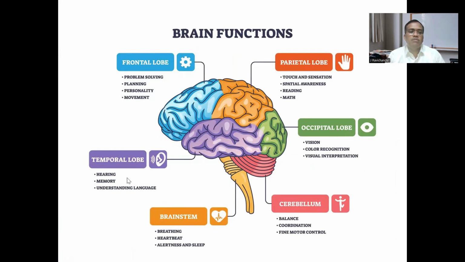Here, coming to the brain functions, the brain consists of four lobes: the frontal lobe, parietal lobe, temporal lobe, and occipital lobe.